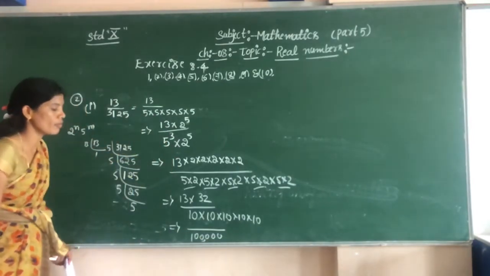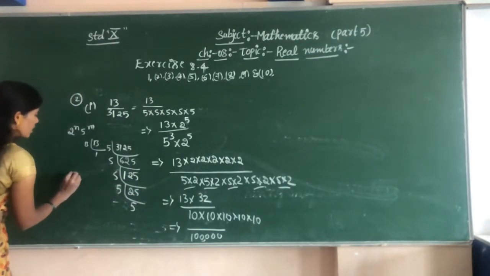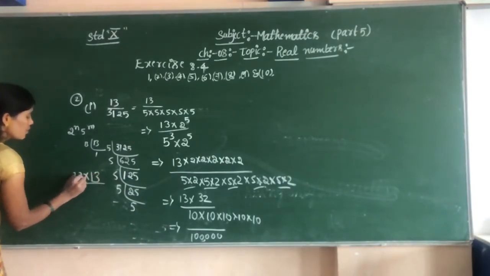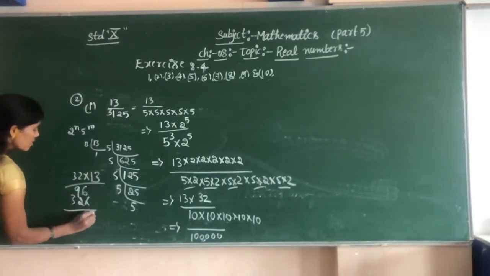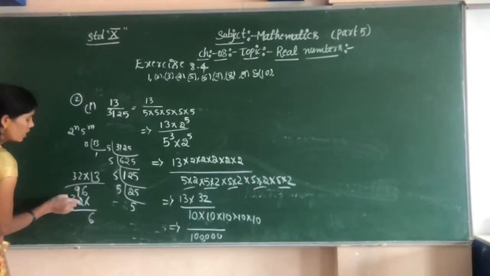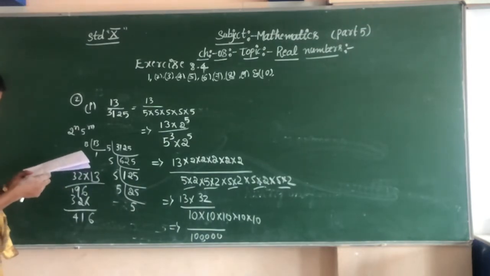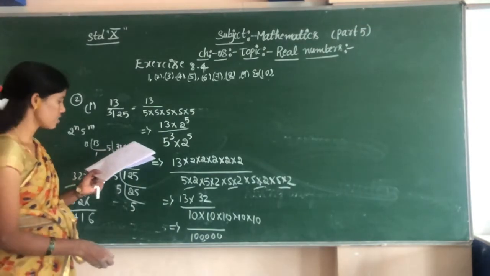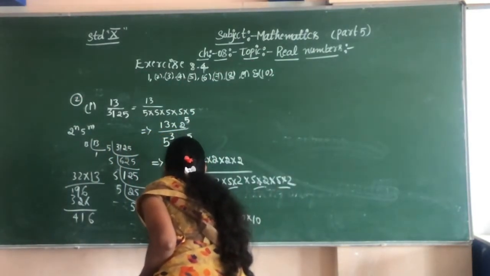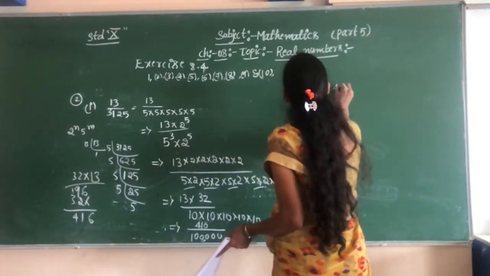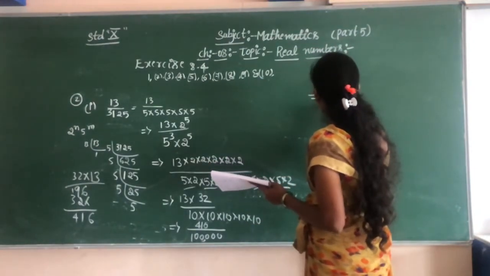Okay, in the Indian number system, we put the first comma after 3 digits, then after every 2 digits. So 32 into 13: 3 twos are 6, 3 threes are 9, 1 two is 2, 1 three is 3, so 416. So 13 into 32 is 416, and here 1 lakh.